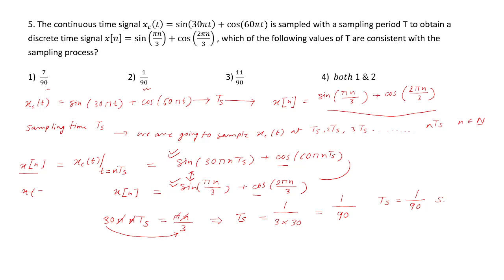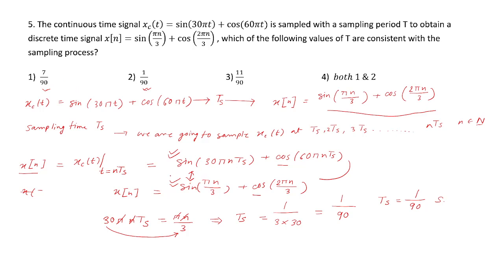If we mark this as correct, and if somehow this also comes out to be a possible ts, then actually this 4 should be correct and you are doing wrong. So you have to verify for other values of ts whether they are satisfying the same condition or not.